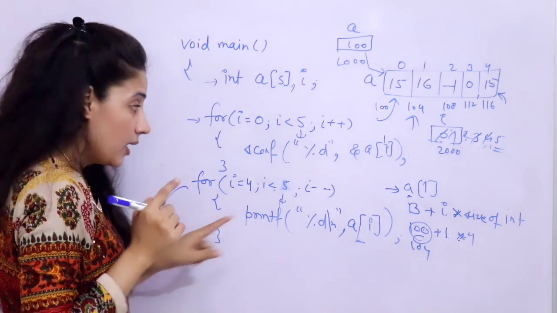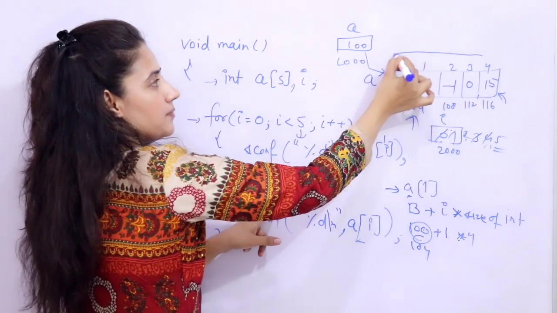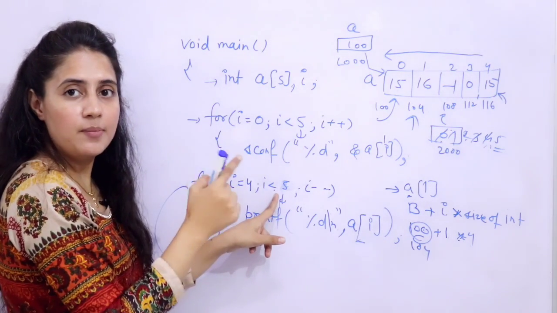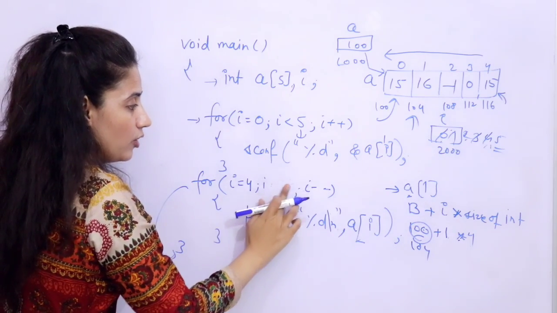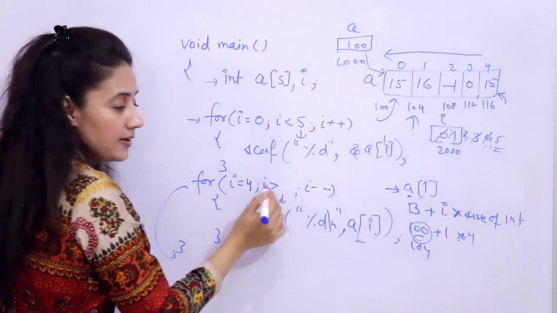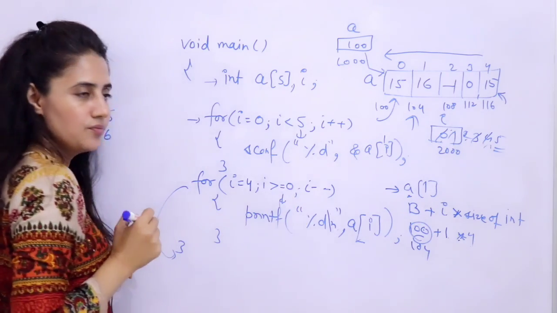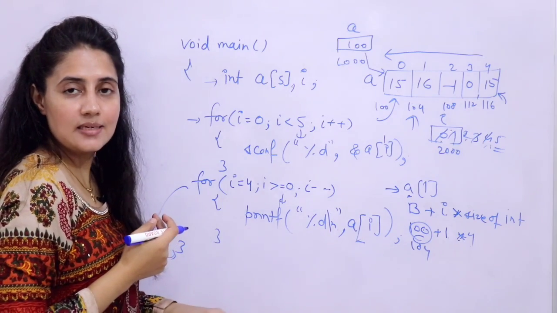Simple thing. Condition is what? You will move this side till I becomes 0. If I becomes minus 1, you have to stop. So the condition should be I greater than or equal to 0. And simply print A of I, that's it.